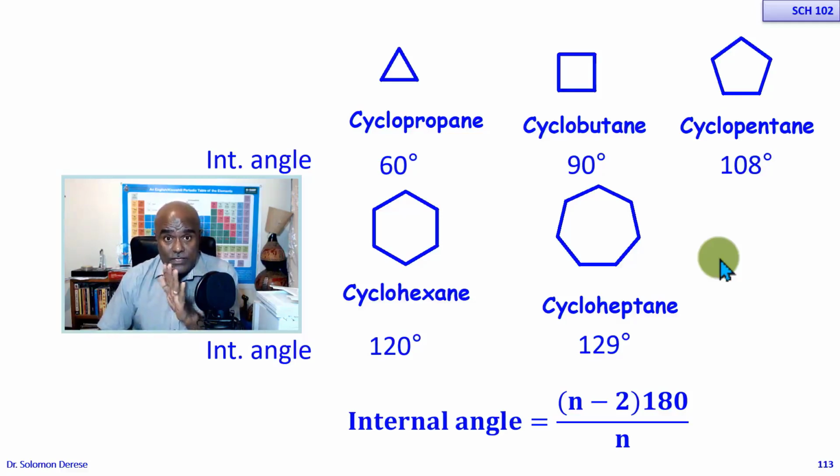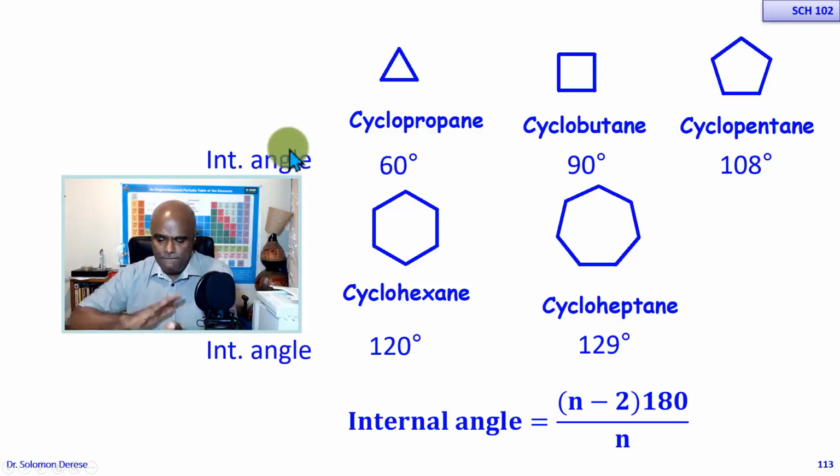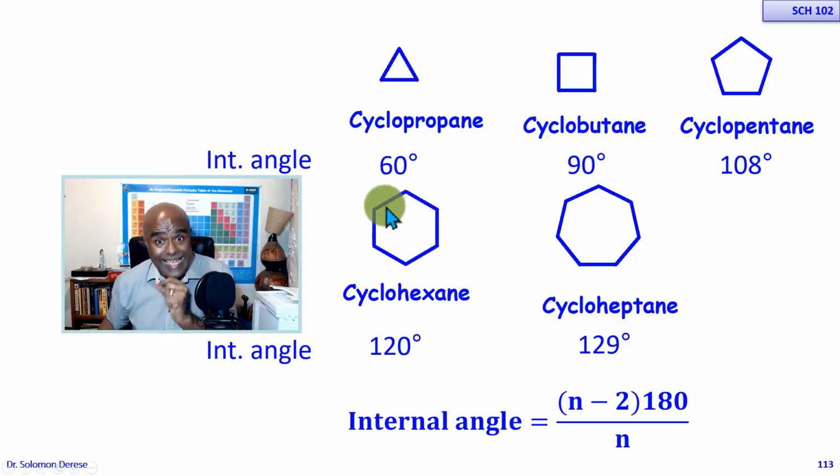So these angles are determined by assuming that cycloalkanes are like regular polygons, flat planar molecules, where all the carbon atoms are in the same plane. But you remember, cycloalkanes, like alkanes, have carbon-carbon single bonds.